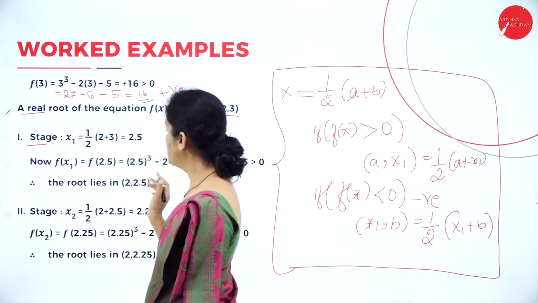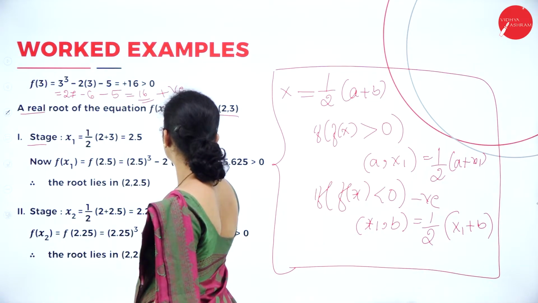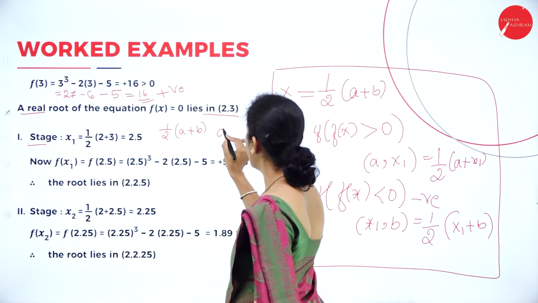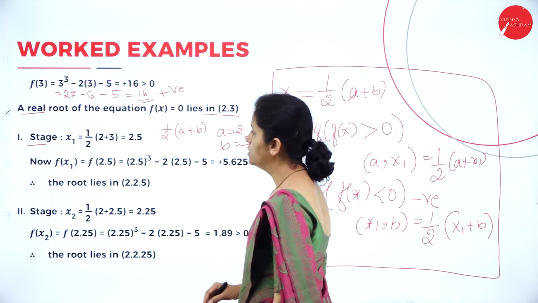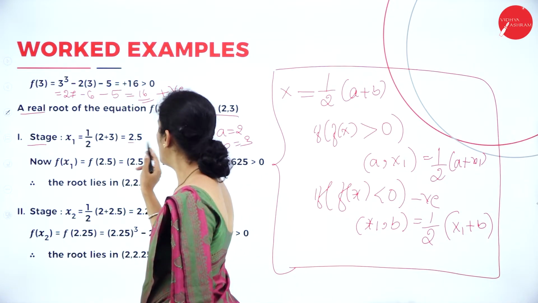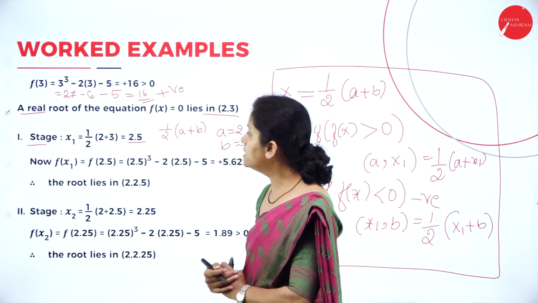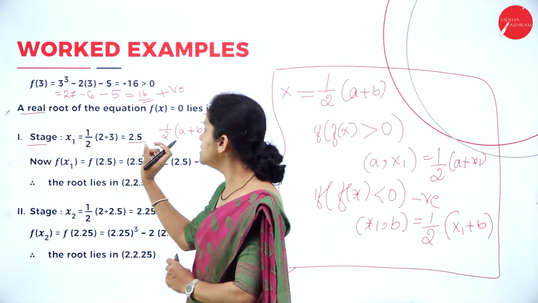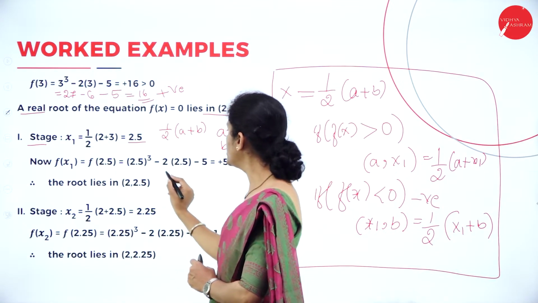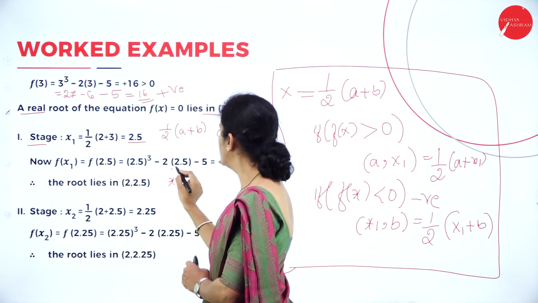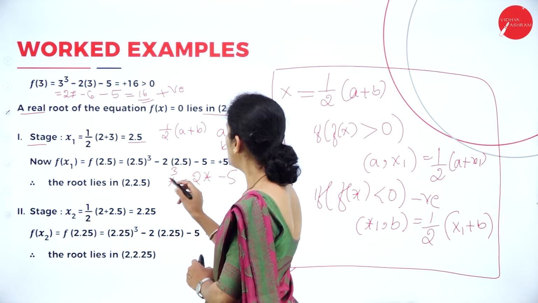So, here I have the formula, that is half A plus B. What is A? A is nothing but 2 and B is nothing but 3. So, I substituted and I got 2.5. Now, dear student, I substitute this 2.5 in the given equation, that is x cube minus 2x minus 5. So, what is x here?